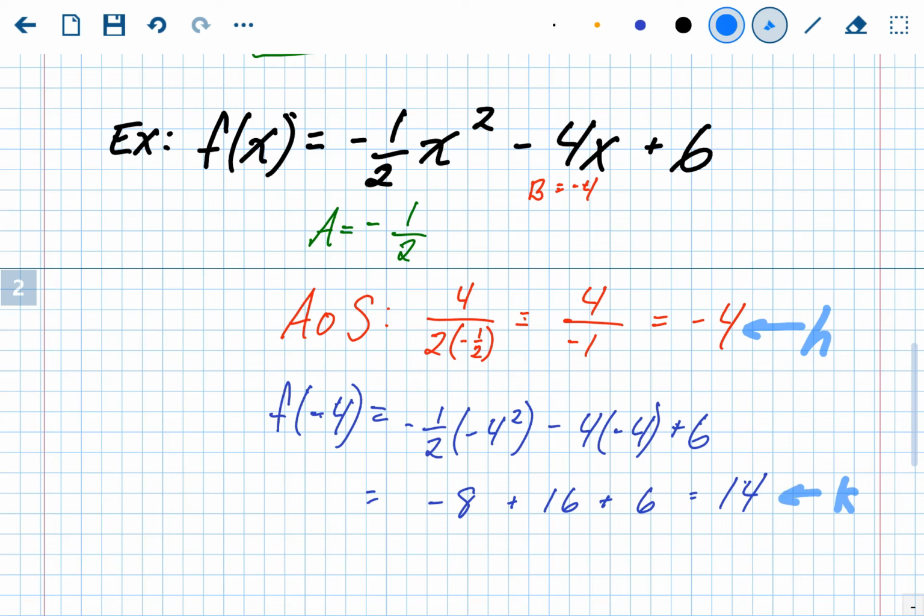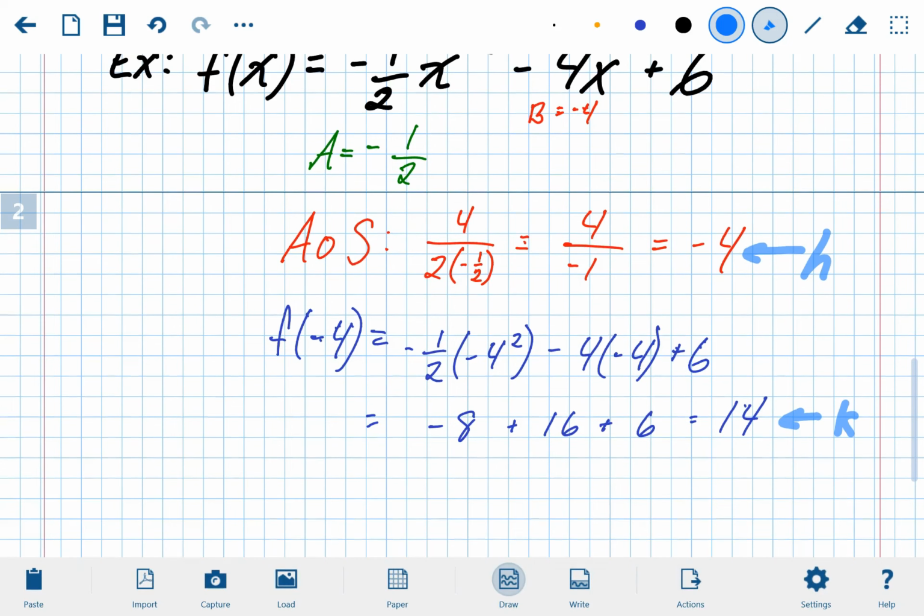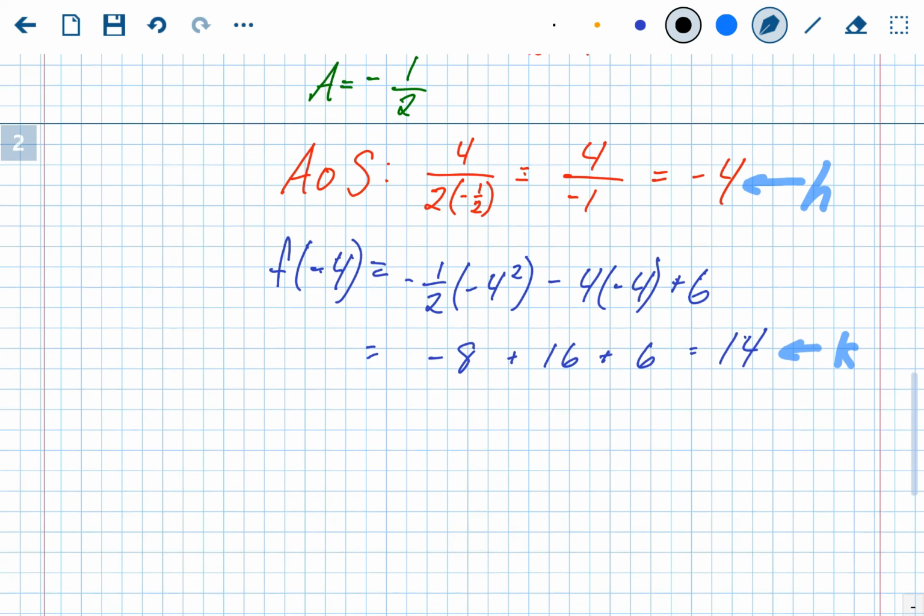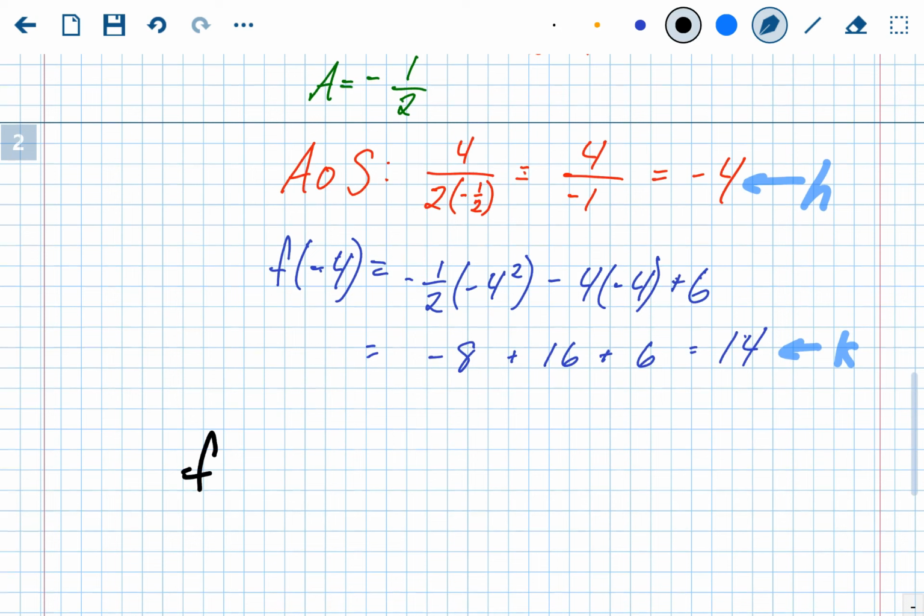So we know a, we know h, we know k, which means we know vertex form. Plug in the a out front. Again, that a value doesn't change between any of the forms. x minus h. Now h is negative, so x minus negative 4 squared.